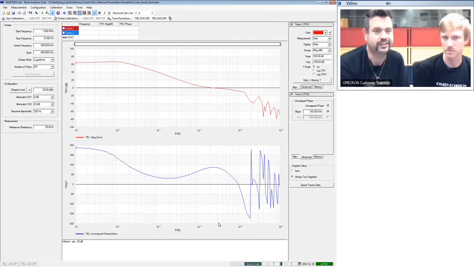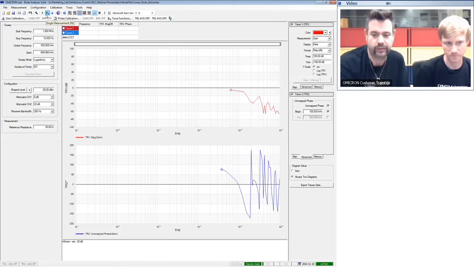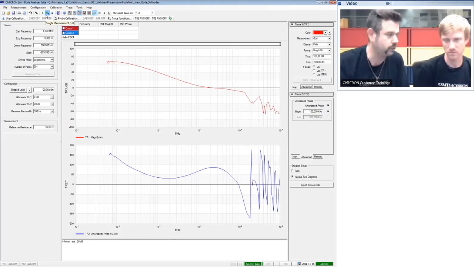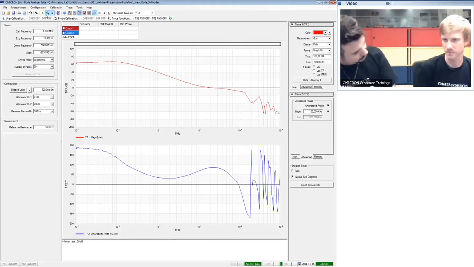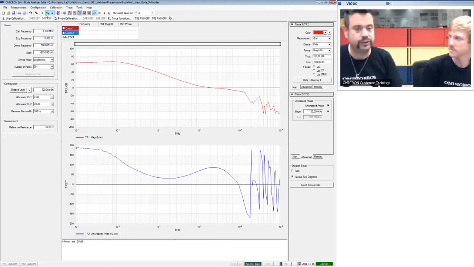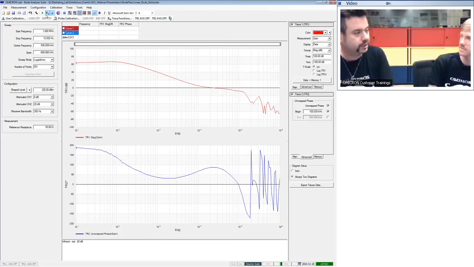So when I start the next single sweep, it will first change the frequency to 1 megahertz, and then it will switch the source on. This is also a nice trick to avoid that after a sweep has finished, the final frequency is outputted to the device under test all the time.